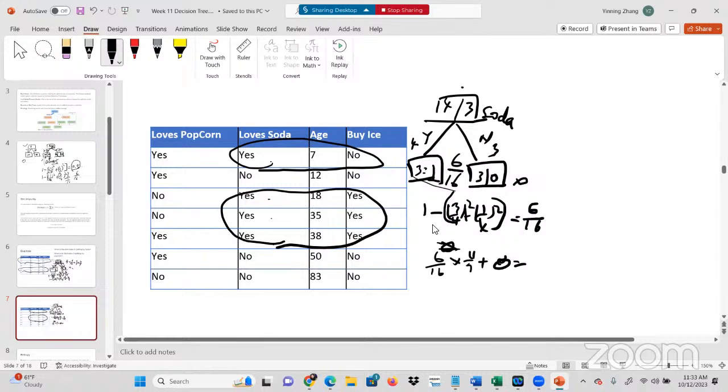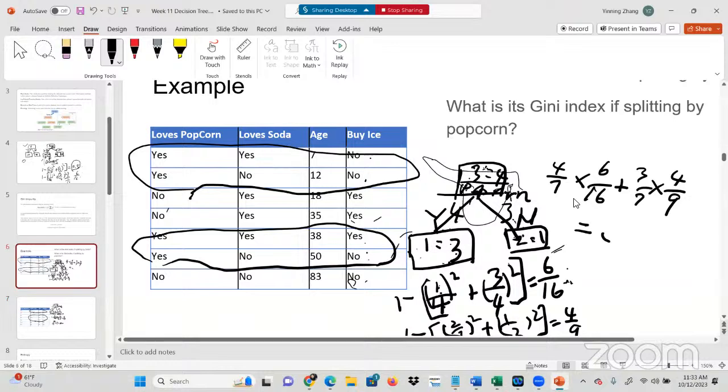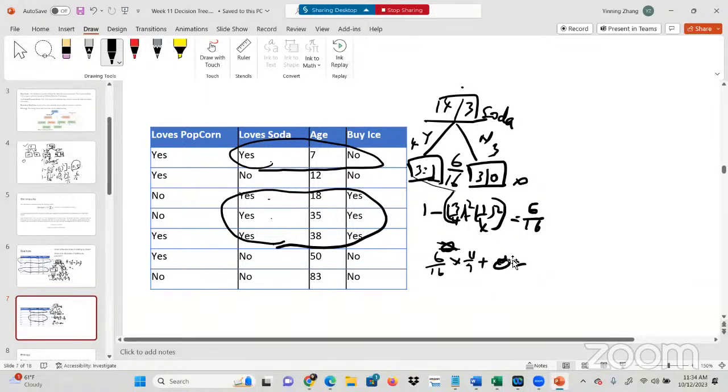The second part of this one has a number, and the second part of the other is 0. It's pure. So this one is lower, and this root node, love soda, is better than the first one, love popcorn.